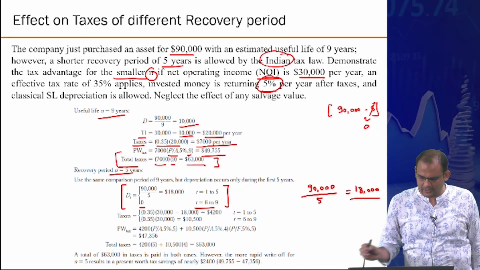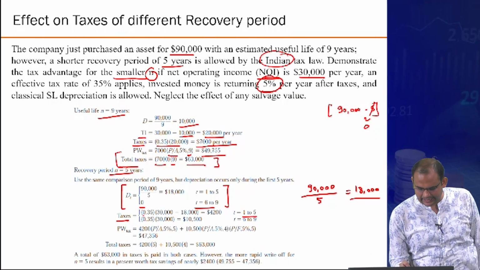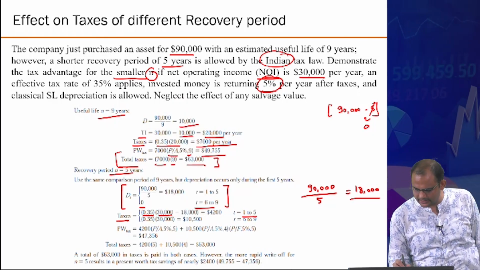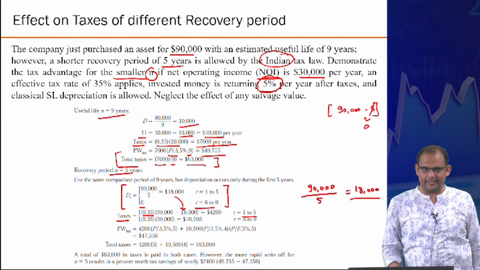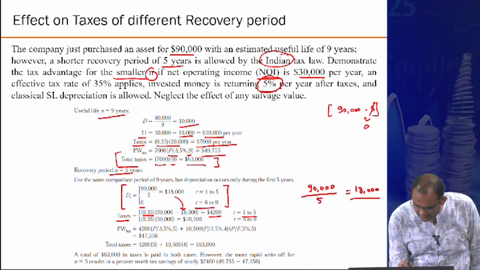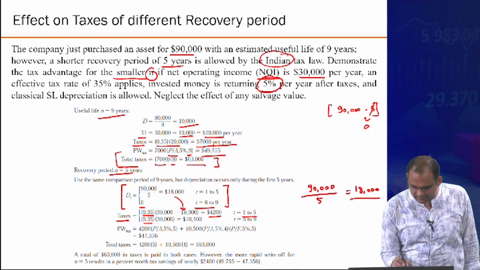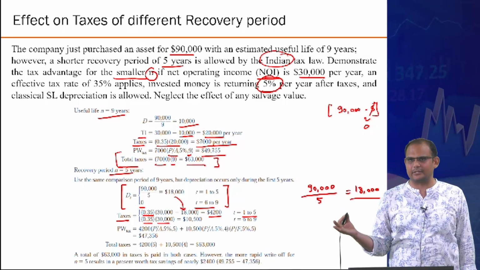So taxes for years 1 to 5 is 35% of 30,000 minus the depreciation amount. This is coming out to be $4,200. For years 6 to 9, this is coming out to be what? 0.35 times 30,000 minus 0, because there is no depreciation happening in this alternative.